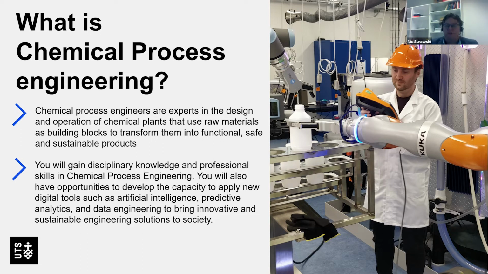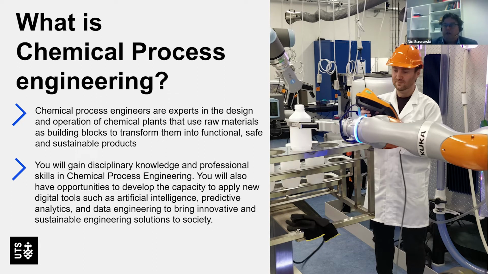If we're talking about sustainable products, then we might be talking about some sort of energy systems product or a packaging product, for example. Whereas functional products will come into play for the advanced manufacturing industry. So that's in a nutshell what chemical process engineers do.